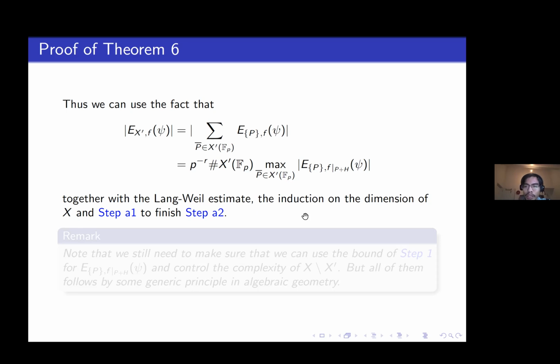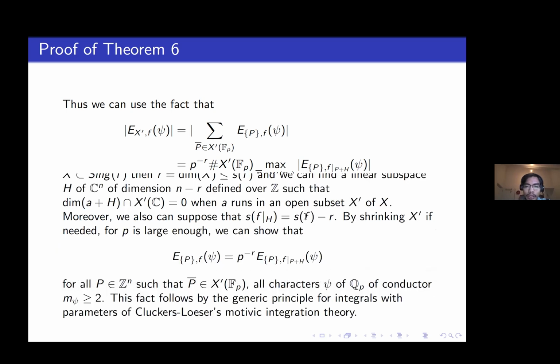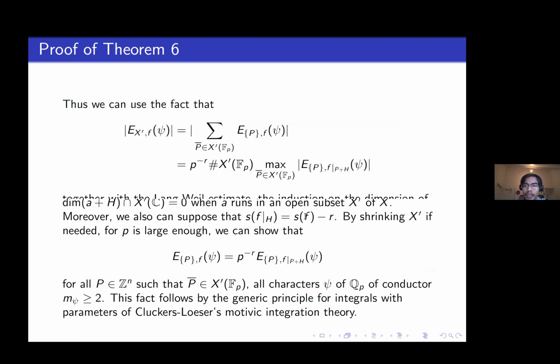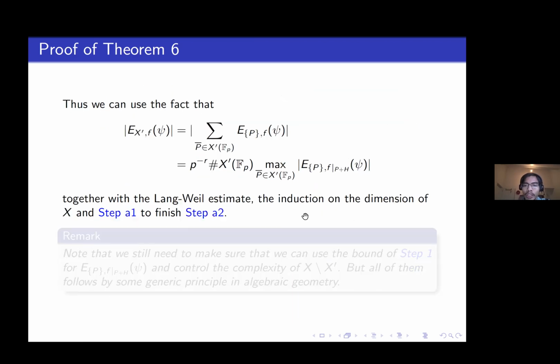And we know that we suppose that n_F of F restricted to S equals n_F minus r, and so we can estimate the exponential sum associated with F restricted to P plus S and psi by using step A1.